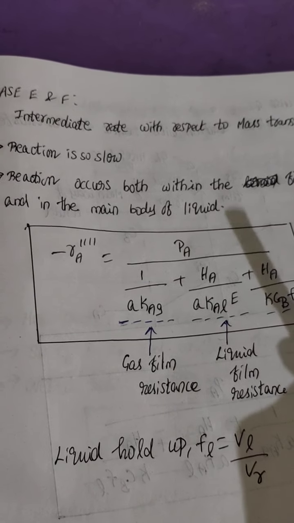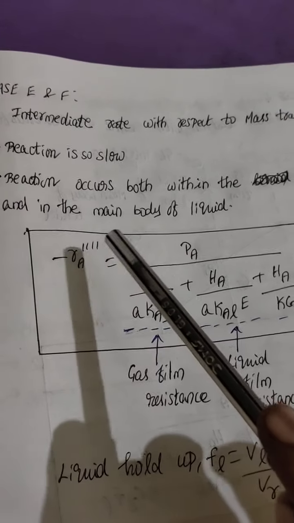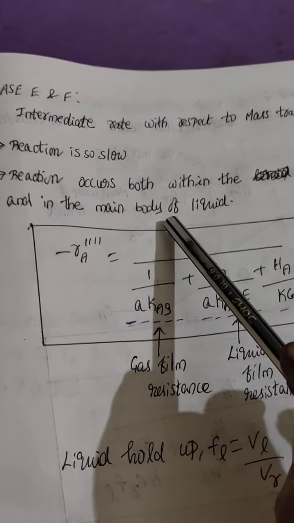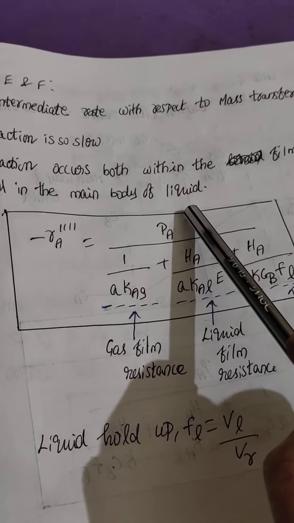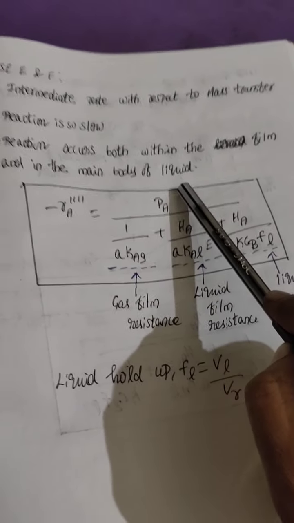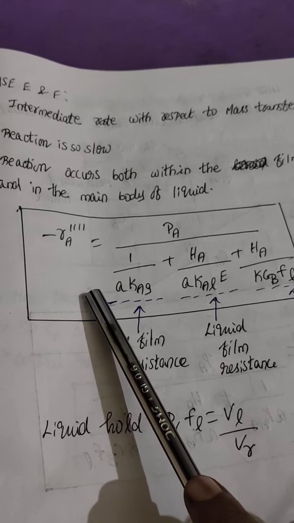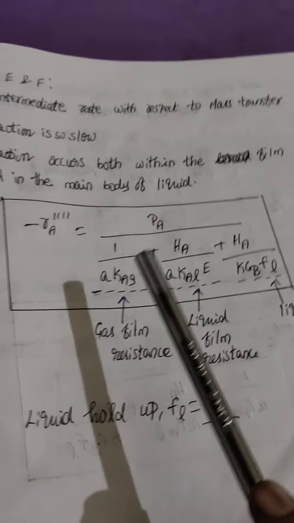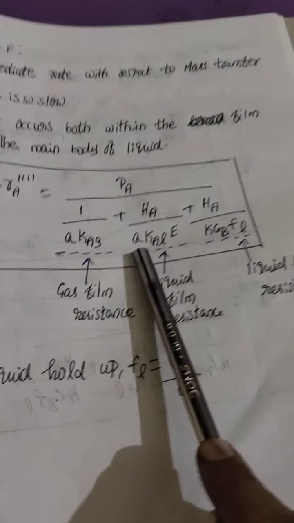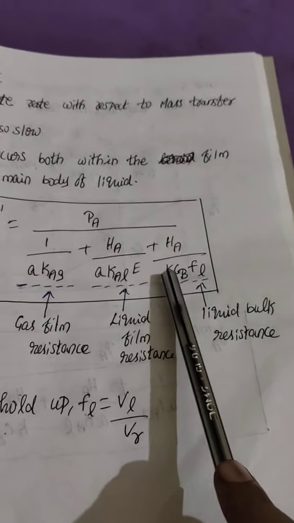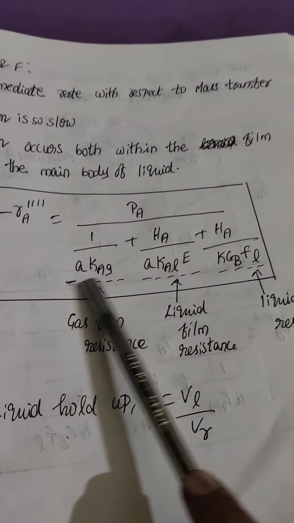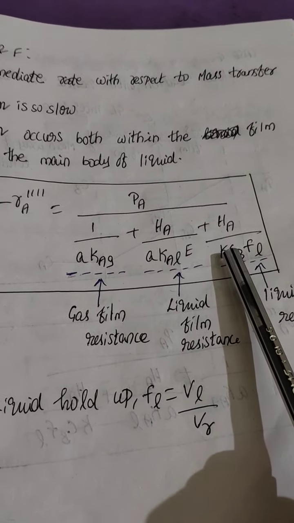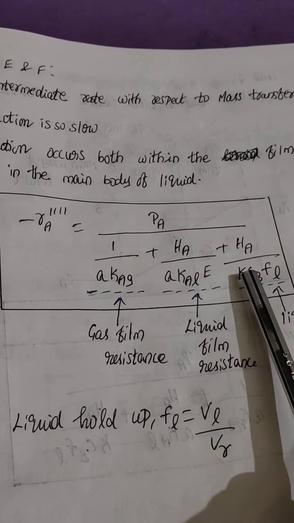So we can assume here that the reaction occurs within the gas film and liquid film and in the main body of the liquid. So the reaction occurs in all three places. So in the rate equation we can find that we have gas film resistance, liquid film resistance and liquid bulk resistance. So all three resistances are playing a major role here.